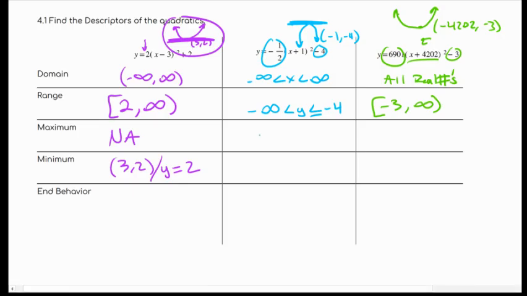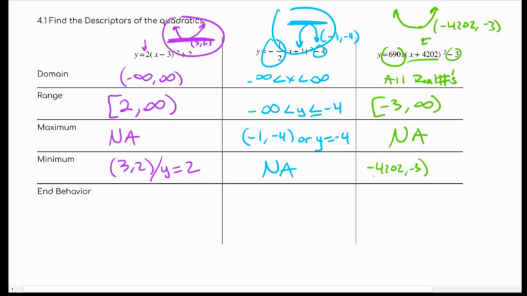Our maximum for the second one is our vertex at (-1, -4), or our y value. The highest y value is at -4, and there is no minimum because it goes down forever. Last one doesn't have a maximum because it goes up forever, and then our minimum is the vertex or y equals -3.